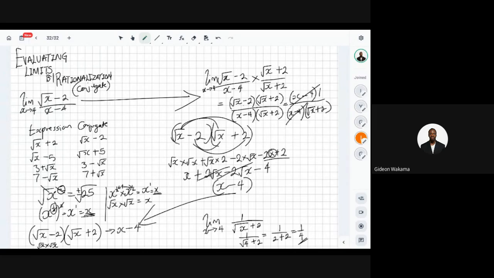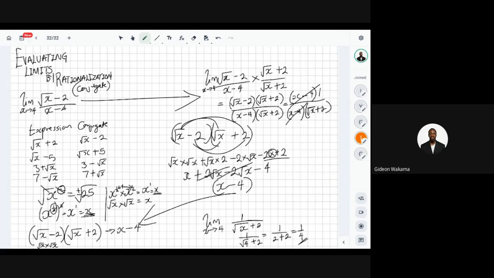When you're done with special trigonometric limits, you learn about the sin x. You learn how to use calculator and solving in radians and all that. After that, that's when you now learn L'Hopital. In fact, before you even go to L'Hopital, you need to learn limits at infinity, where you have positive infinity, because Danjuma made mention of that, positive and negative infinity. Then you can now get to L'Hopital.